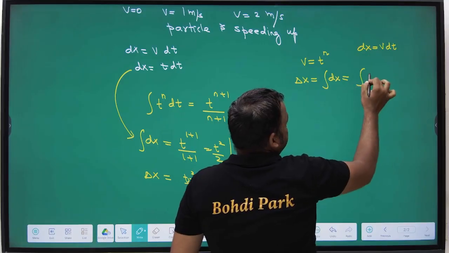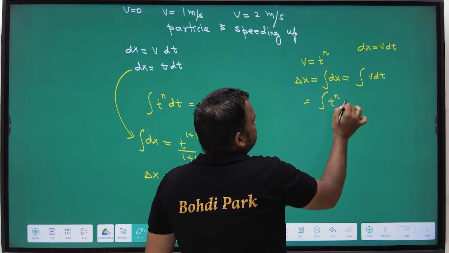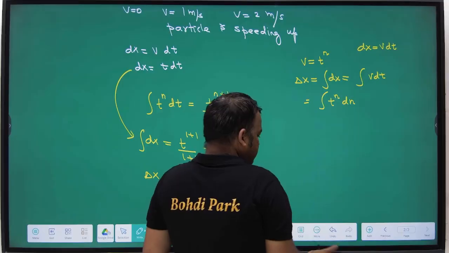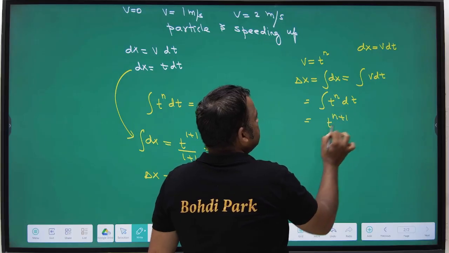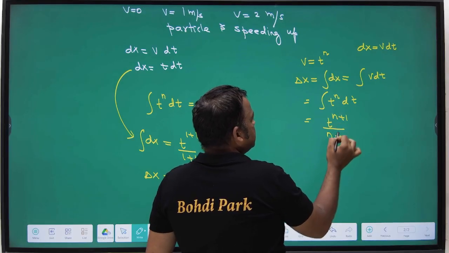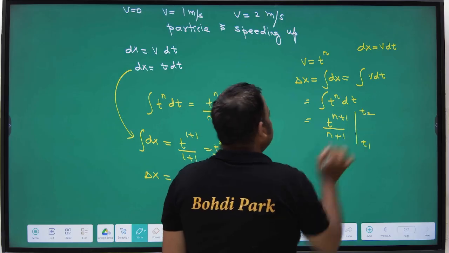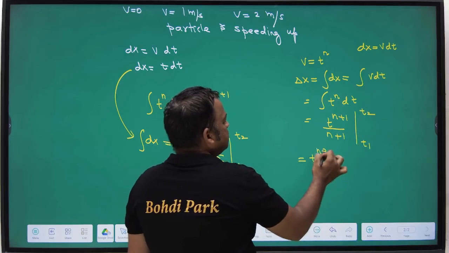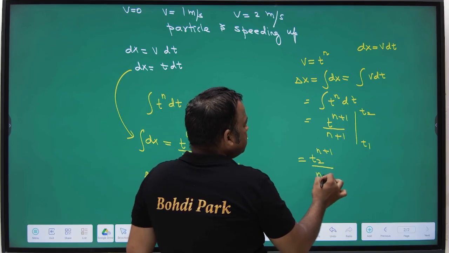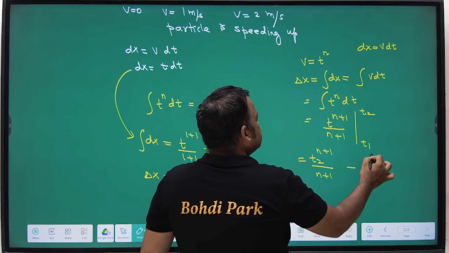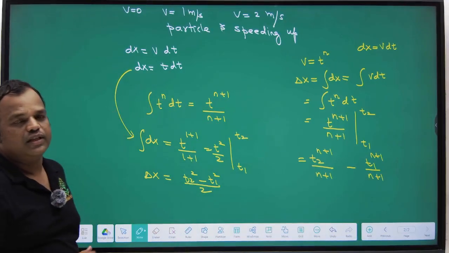So that will be integration of v dt, integration of t raised to n dt, and formula for this is t raised to n plus 1 by n plus 1, and limits we will put t1 to t2. So it will be t2 raised to n plus 1 by n plus 1 minus t1 raised to n plus 1 by n plus 1. We will apply this type of formula.